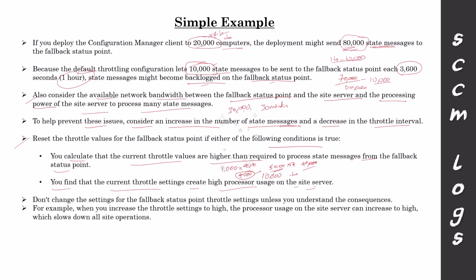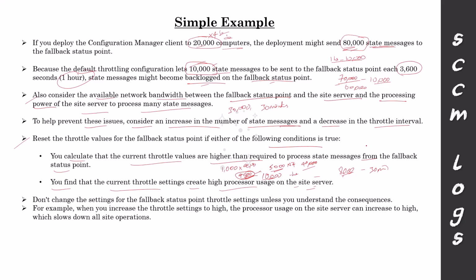In this case, it is a higher amount. We're processing only 4,000 but we configured 10,000, so you can reduce the number of state messages as well. For example, you can make it 8,000 state messages and reduce the time to 30 minutes. Like that, you can decrease the configuration if required.